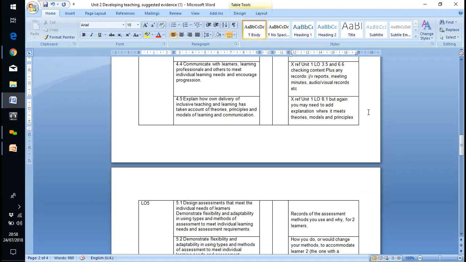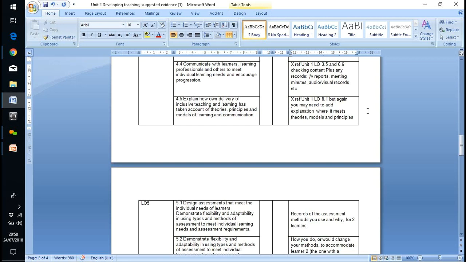So, communicate with learners, learning professionals, and others to meet individual needs. This is again where you are reviewing learners' work, or learners' ability, or any form of assessment you're doing of their work, with other people.